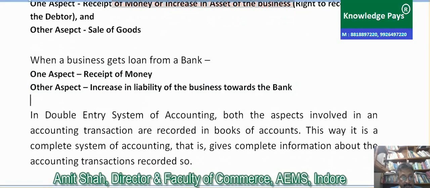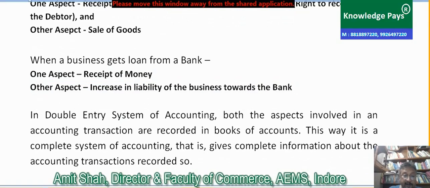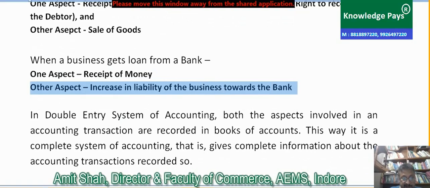For example, here if I just record this aspect in my books of accounts, that my business received money, and I do not record this aspect, then I will never get to know why or how I received money. But if I record this aspect as well, then I will understand, okay, I received money from a bank towards whom now I am liable to repay that money.